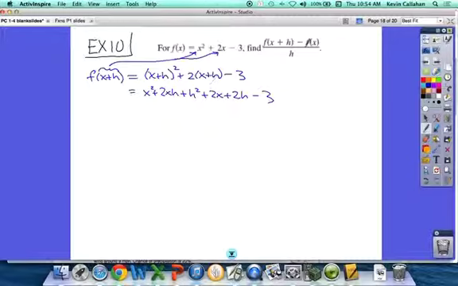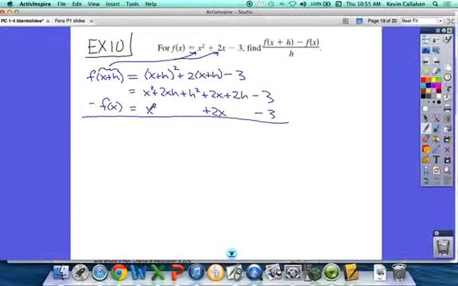Okay, the next step, subtract f of x. So I'm going to do this like f of x plus h minus f of x. So subtract x squared plus 2x minus 3. Okay, now see what happens.